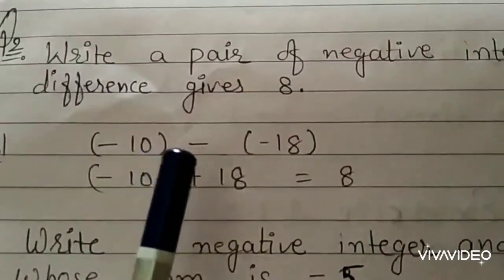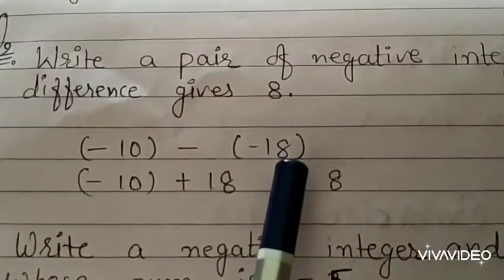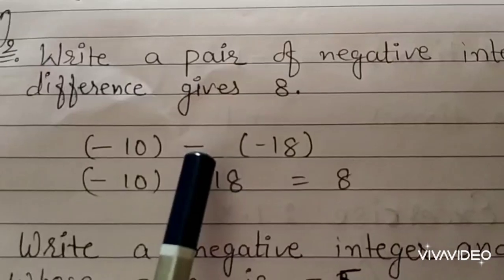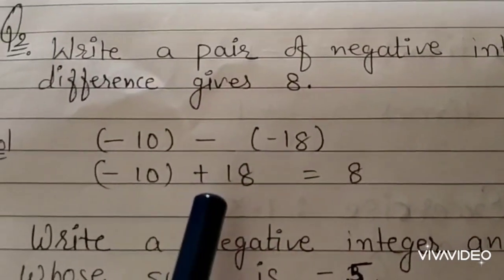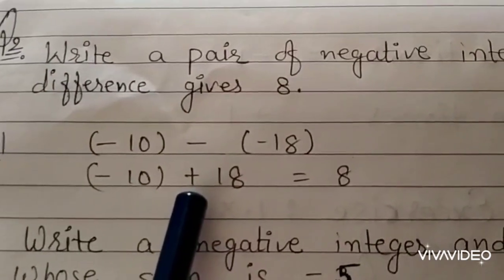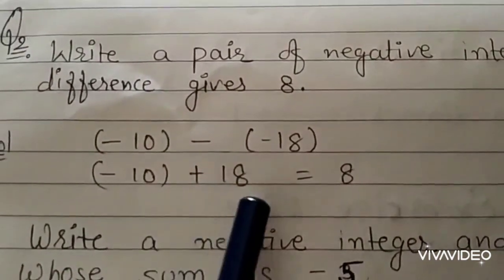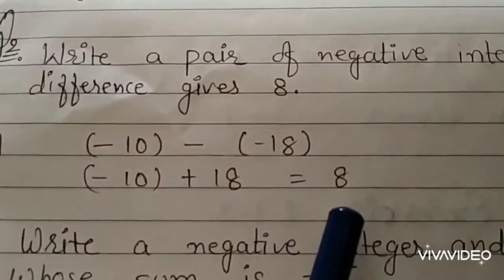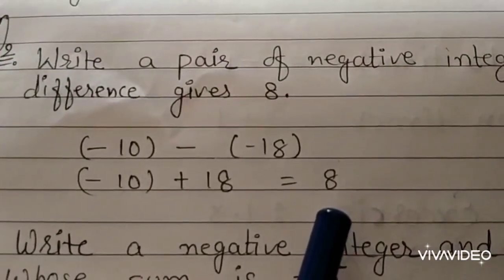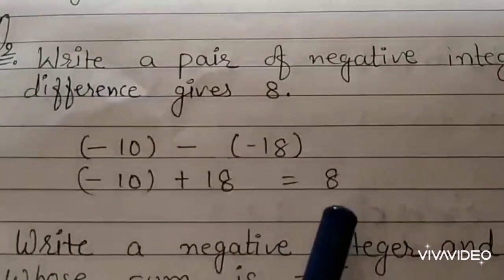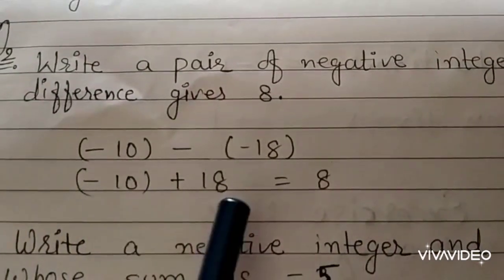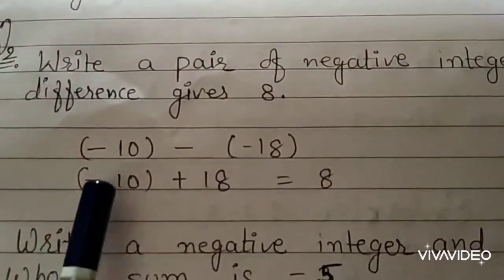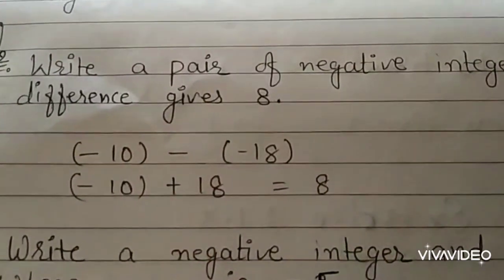So minus 10 minus (minus 18). As you know, minus inside the bracket and minus outside the bracket converts into plus sign. So minus 10 plus 18 is equal to 8. So here our answer is 8, and we have taken two negative integers which are minus 10 and minus 18.